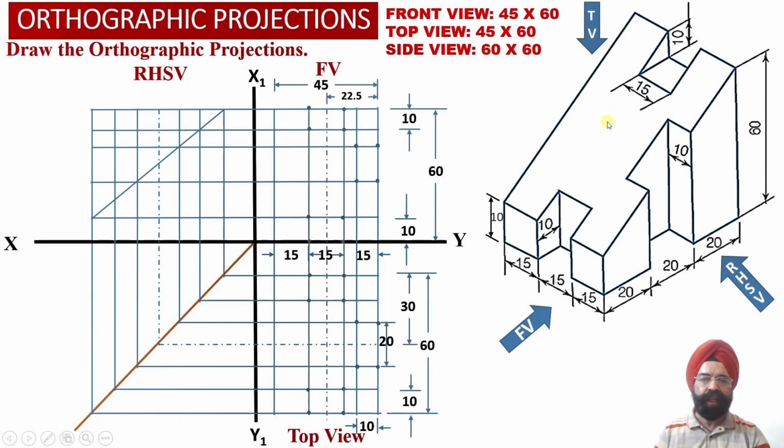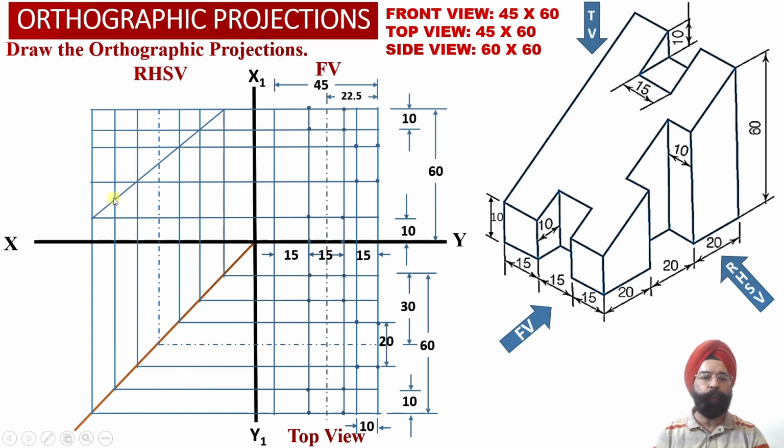Once we draw this depth of 10 millimeter, these 2 points we have already identified in the top view projections over here. Now we draw a horizontal projector line through this edge from the top view projections and transfer it using this transfer line into the right hand side view projections over here. Wherever this vertical projector line intersects with this inclined surface, an edge view will be generated in the right hand side view orthographic projection area.